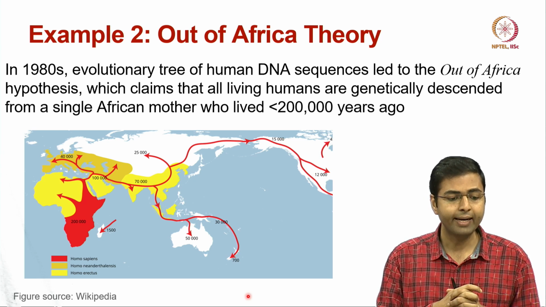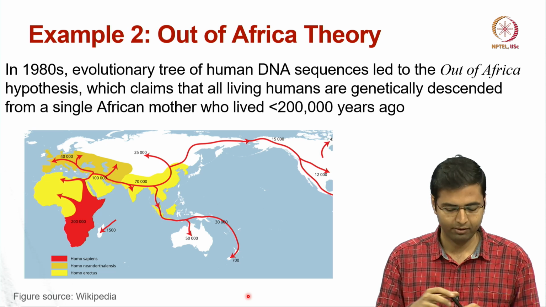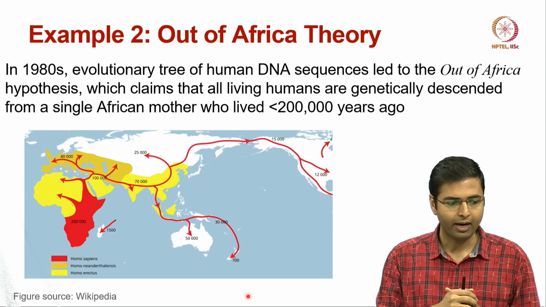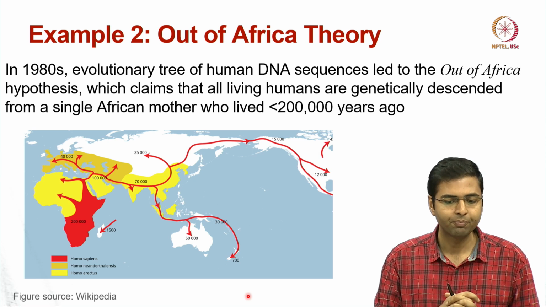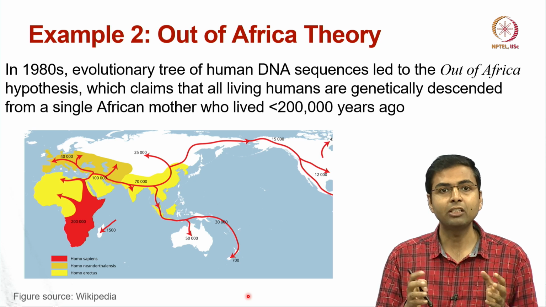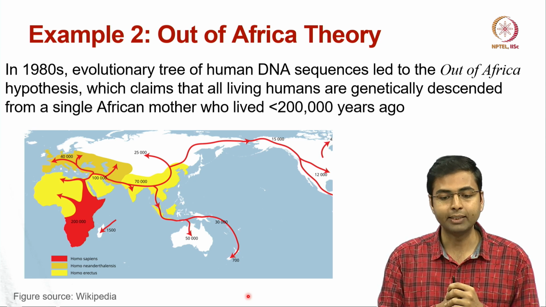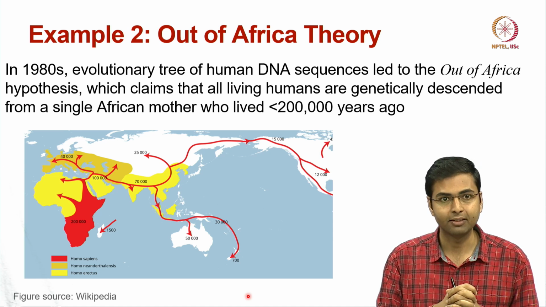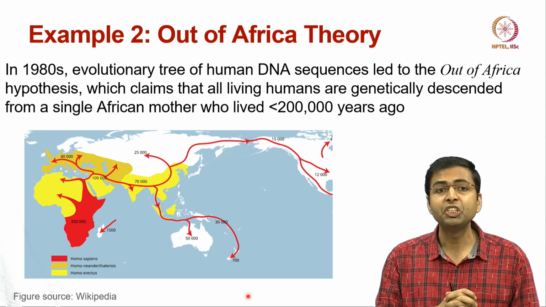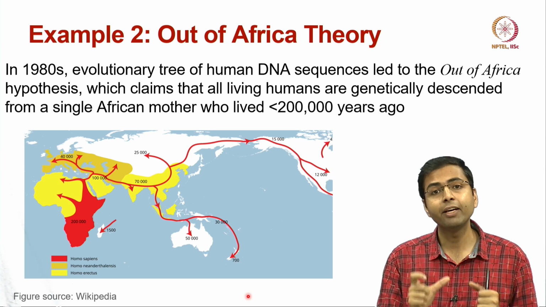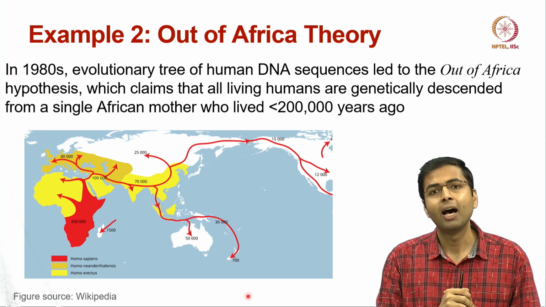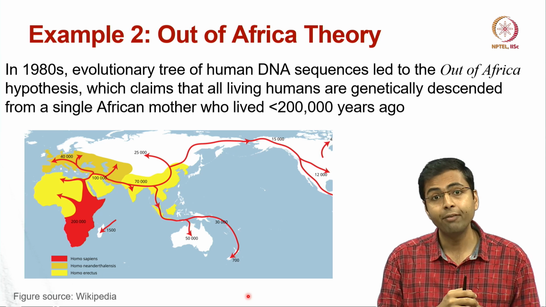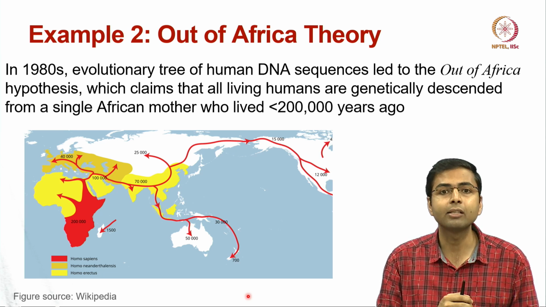Around the same time when this panda riddle was resolved, during the 1980s, the evolutionary tree reconstruction of human DNA sequences led to the out of Africa hypothesis, which claims that all living humans are genetically descended from a single African mother who lived less than 200,000 years ago.